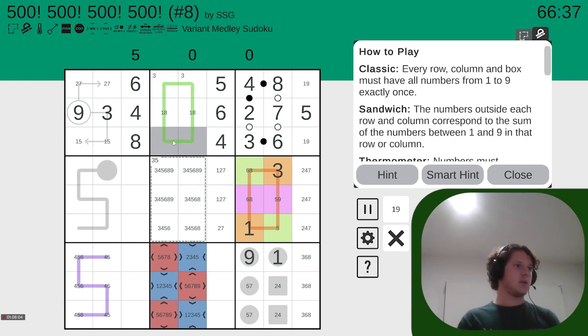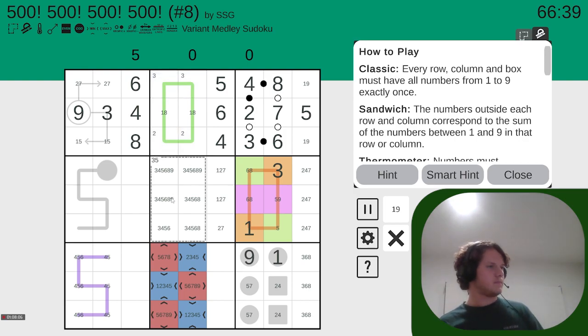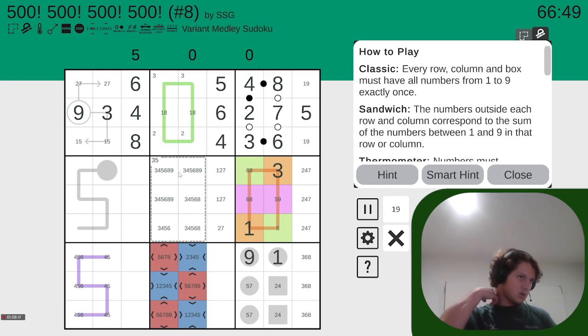That has to be a 3 up there and a 2 down here. Pretty simple for the 8. If the 8's there, that has to be a 3, that has to be a 2. That is the most simple thing I've done all evening. Hopefully.